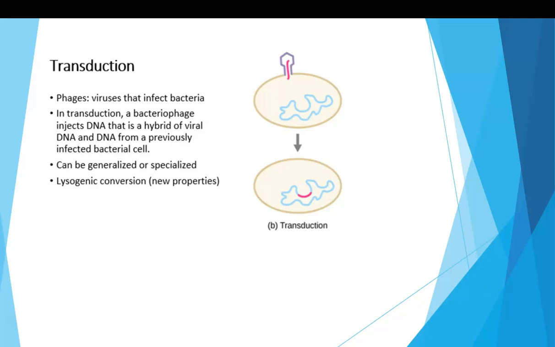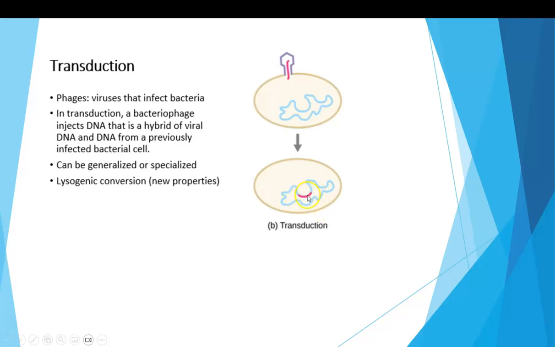This genetic information can become part of the genomic information of the bacteria, and it can be generalized or specialized. Some of them can enter a specific area of the chromosomal DNA, or sometimes they don't care, and they just incorporate with part of the DNA of the bacteria. This especially happens in lysogenic viruses.